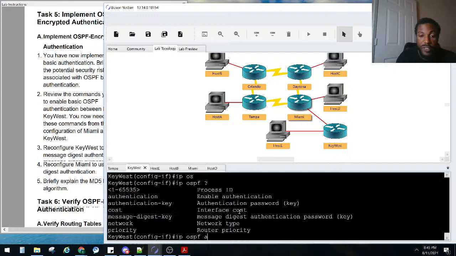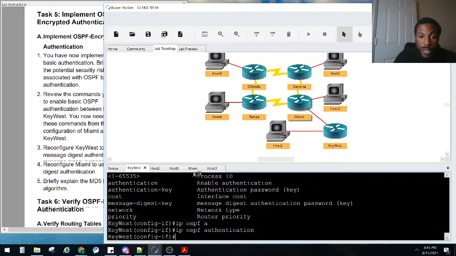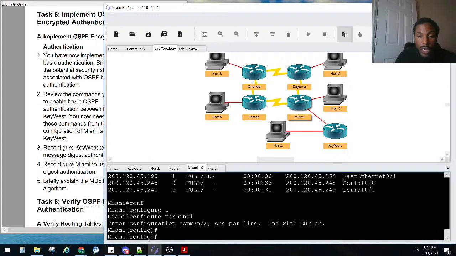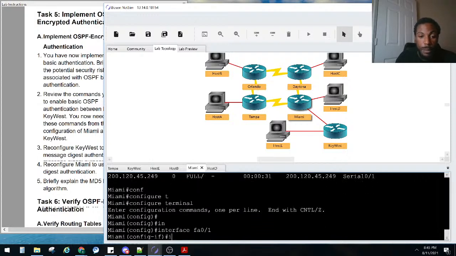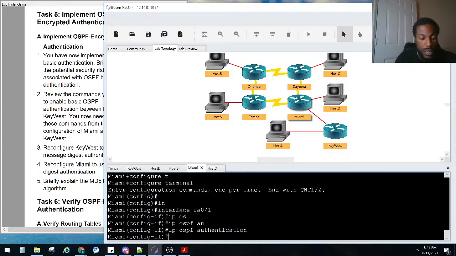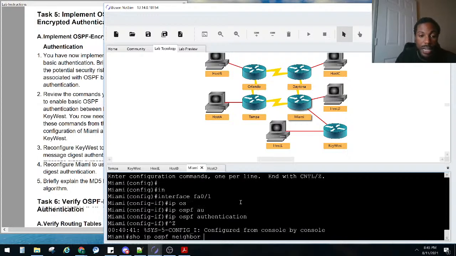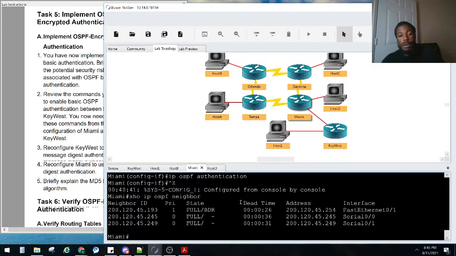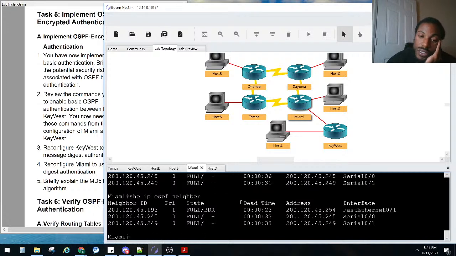So IP OSPF authentication, press enter, do the same thing on Miami. Interface FA0/1, IP OSPF authentication. And how many neighbors does Miami have? She still has 3.